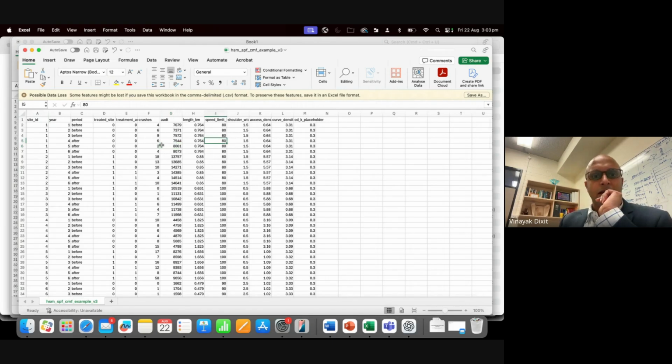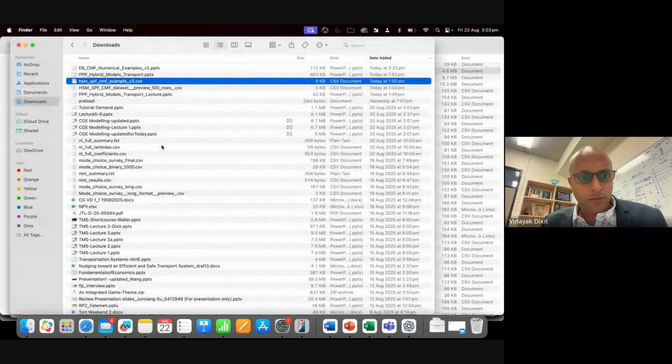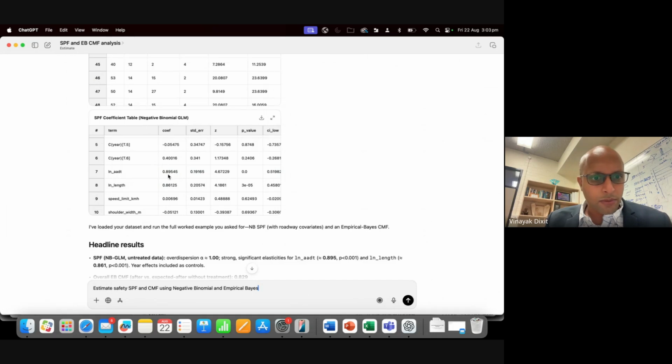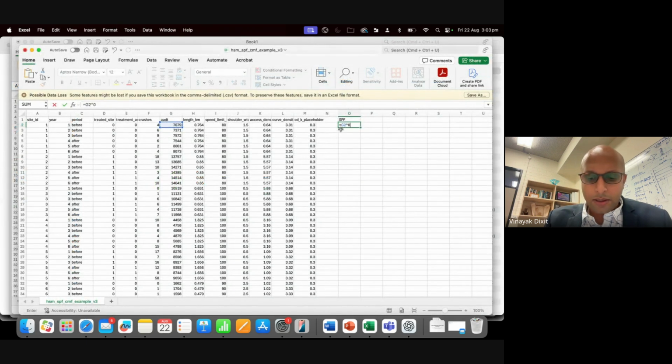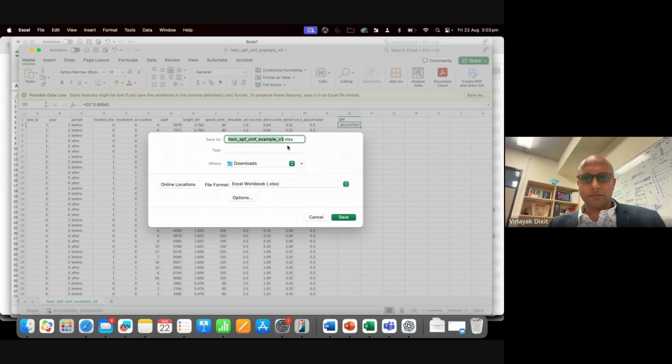All right, so I have my ADT. What this basically says is that my safety performance function is equal to ADT raised to the power 0.89545. Save it there.